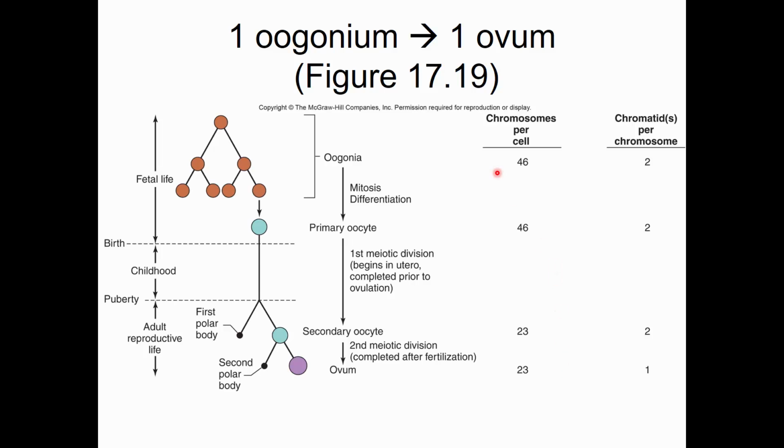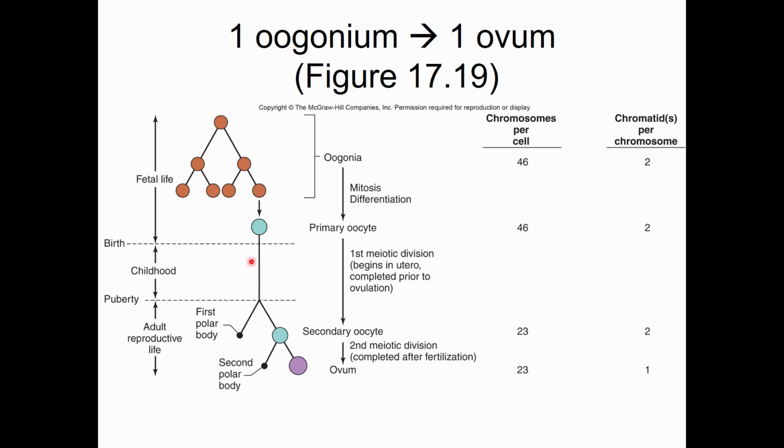Now, meiosis is a process that occurs in females as well. There's some little differences. So, in the fetus are the oogonia. They undergo mitotic differentiation. Most of the cells then differentiate into primary oocytes, and then they stop.